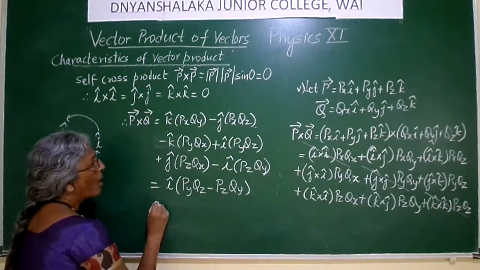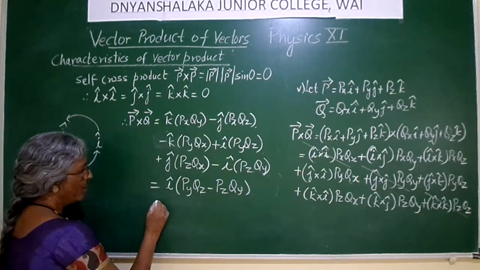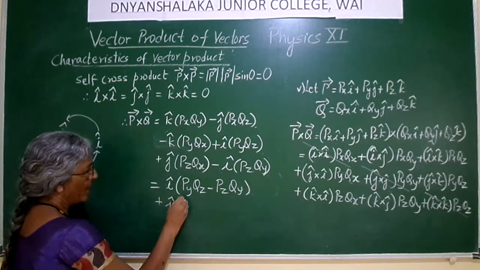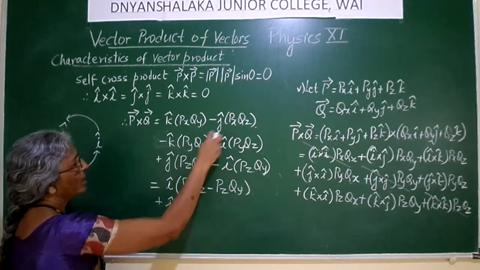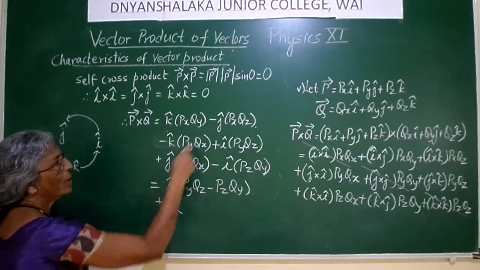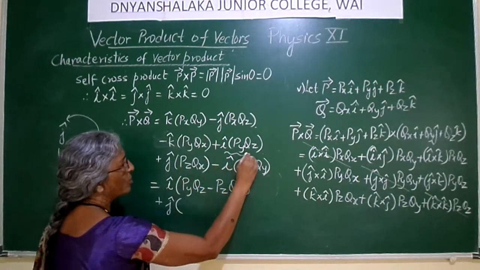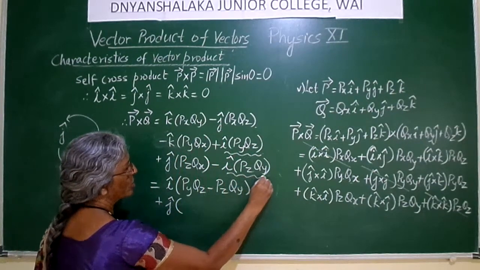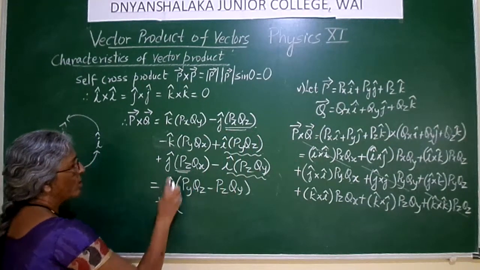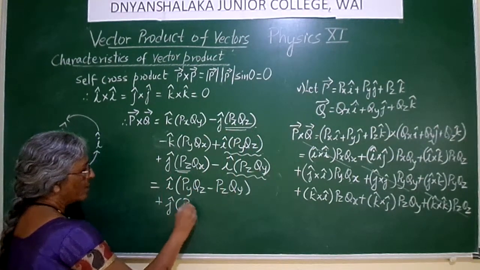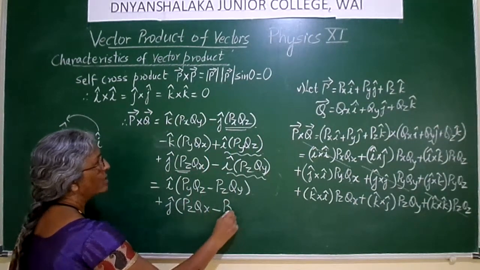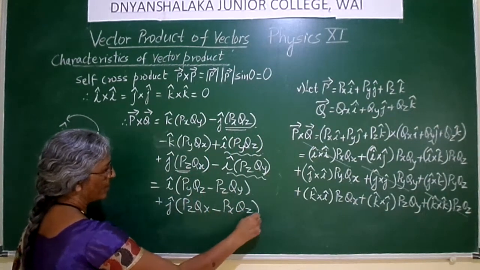Then I take vector j common from these 2 terms: pz qx minus px qz.